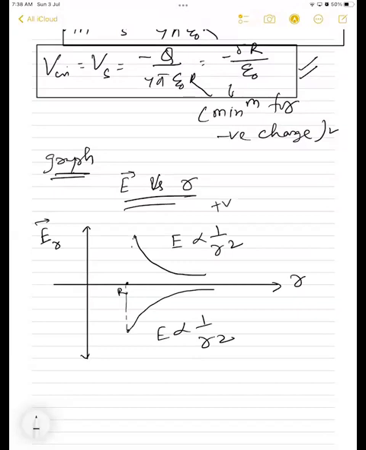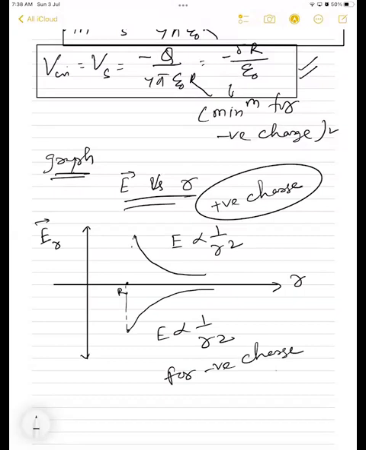This is for the positive charge, and for the negative charge it is similar.